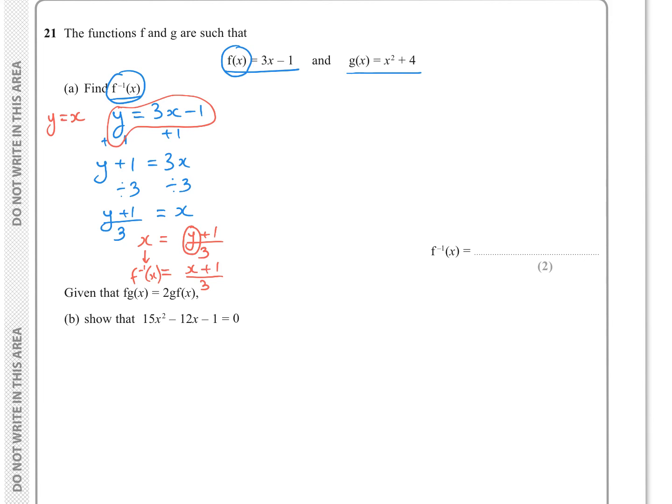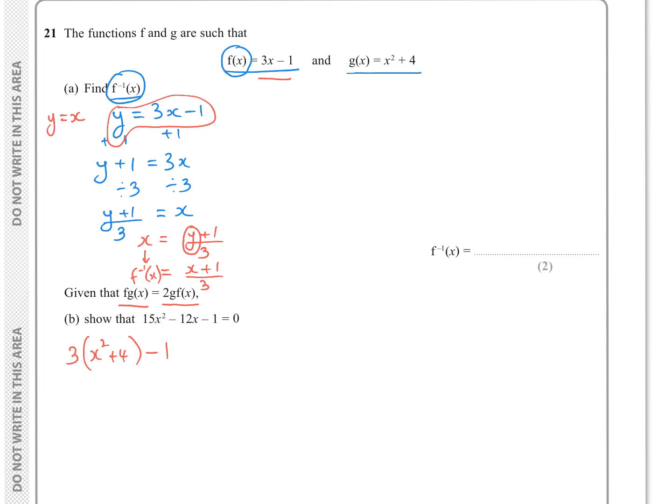Now, let's look at part B. It says f of g of x is twice g of f of x. So f of g of x means f takes on g of x. So we look carefully here. We have 3 lots of x, but that's where you put g of x in its place.